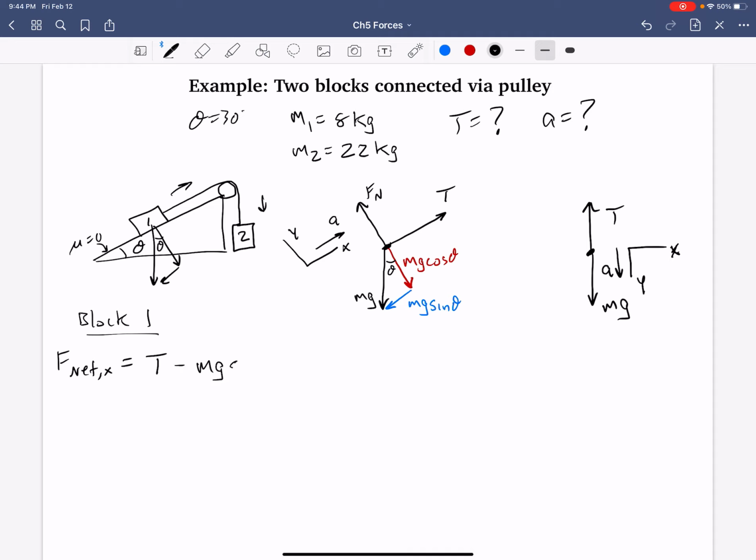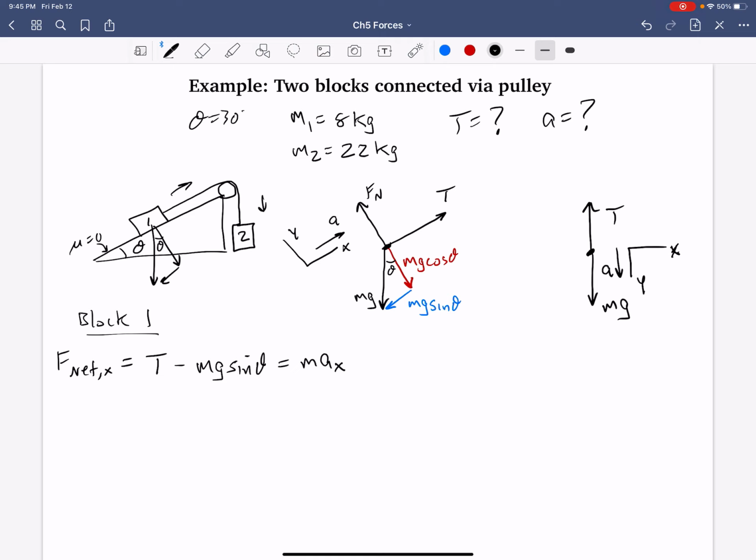So mg sine theta. All right. And that's all for the x direction. So that equals max. Right? In this problem, we know it will accelerate, and so it's not 0. It's max. That's the net force.